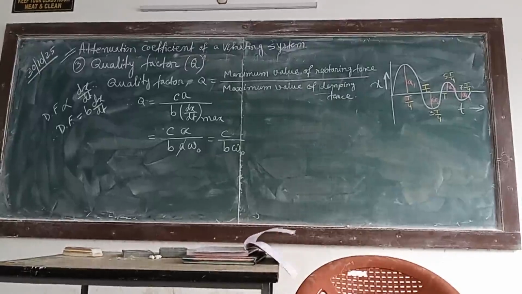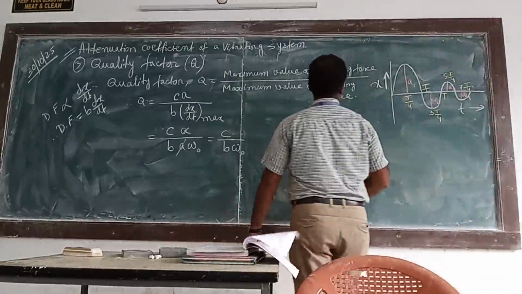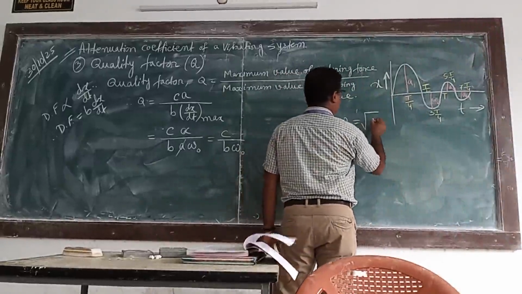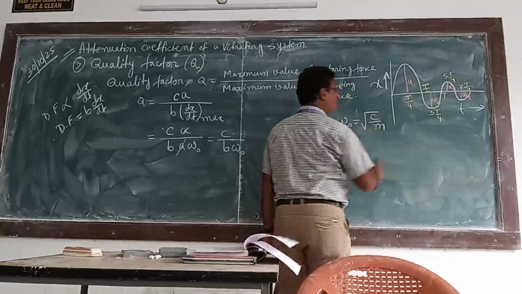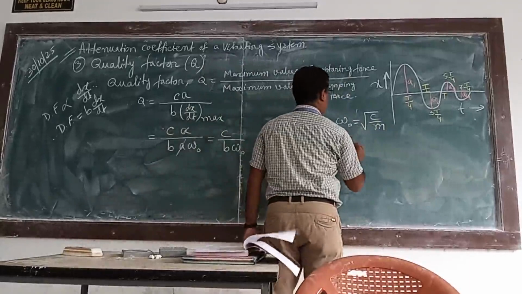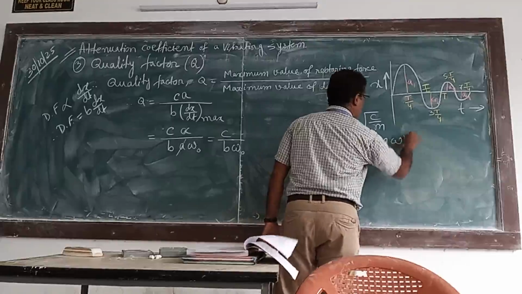Now what is C? We know omega naught equals root over C by M, or C equals M omega naught square.